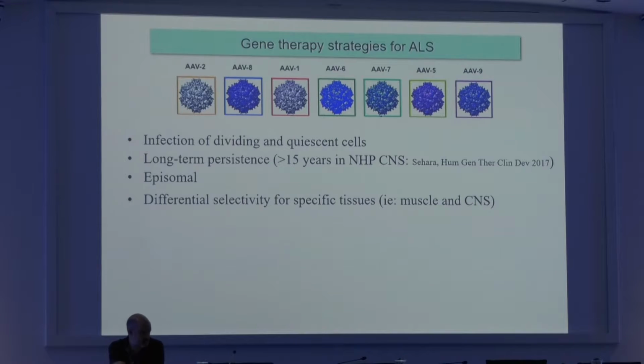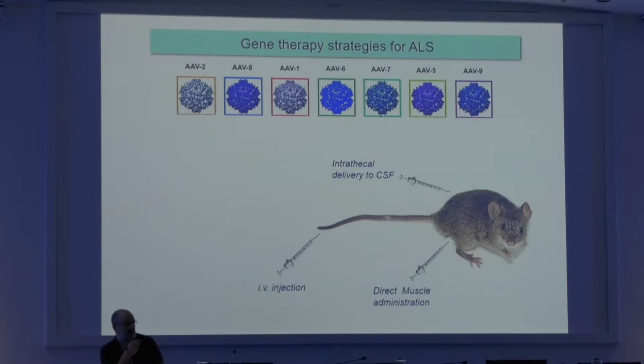Also, the different serotypes of AAV vectors give us the possibility to differentially select the target tissues, for example, muscle and CNS in this disease. And we can also combine the different serotypes of vectors with a specific route of administration. Thus, for example, by intrathecal delivery of the virus into the CSF.